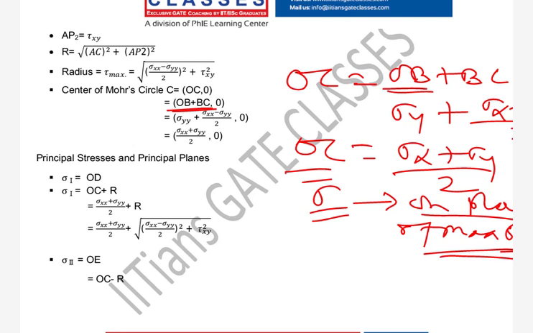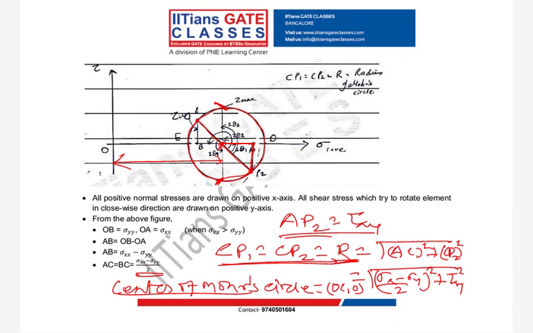And you can see corresponding to OC, your shear is maximum. Clear? Is it clear?